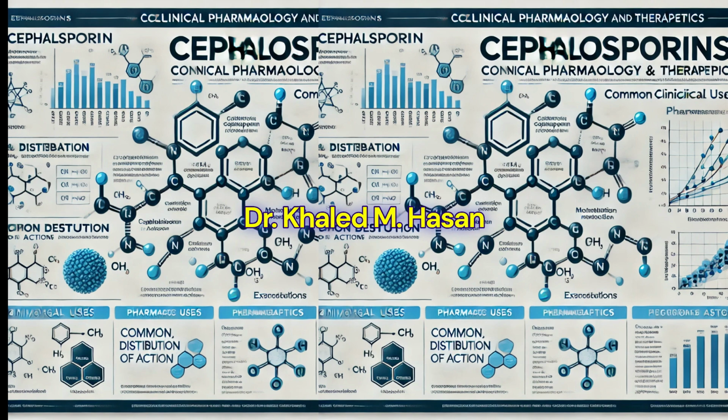But speaking of evolution, it makes me think about the whole issue of antibiotic resistance, which we've kind of touched on, but I think it deserves its own deep dive. Definitely, because it's such a critical issue, not just for individual patients, but for global health. It's a problem that we can't afford to ignore. So let's dive in. What do we need to know about antibiotic resistance, and why is it such a pressing concern?